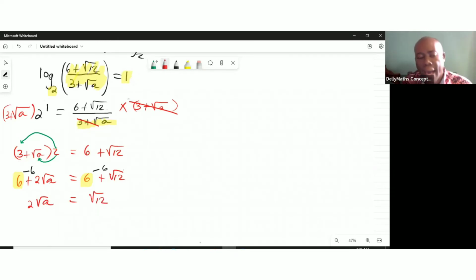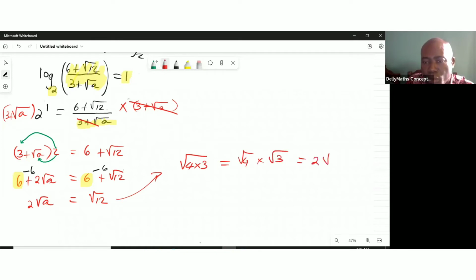Now, there are a number of things we can do here, but I could break this down some more. The root of 12, there is a perfect square under that. The root of 12 could be represented as root of 4 times 3, which is equal to root of 4 times the root of 3, which is equal to 2 root 3.